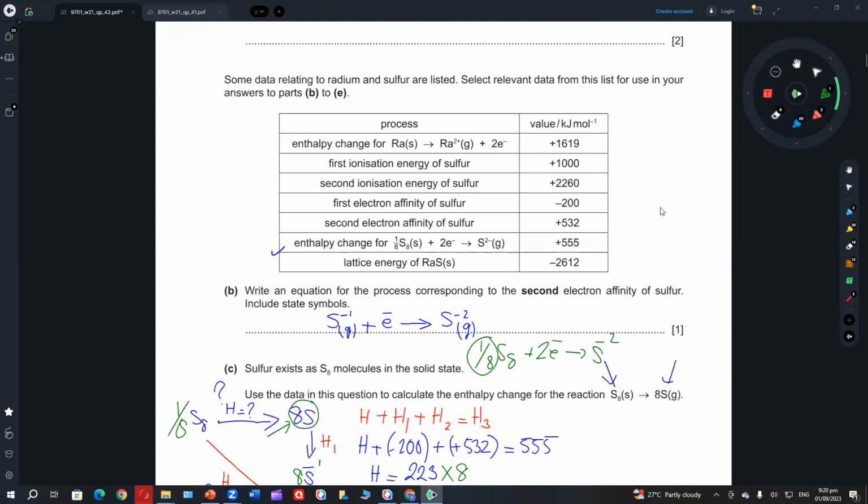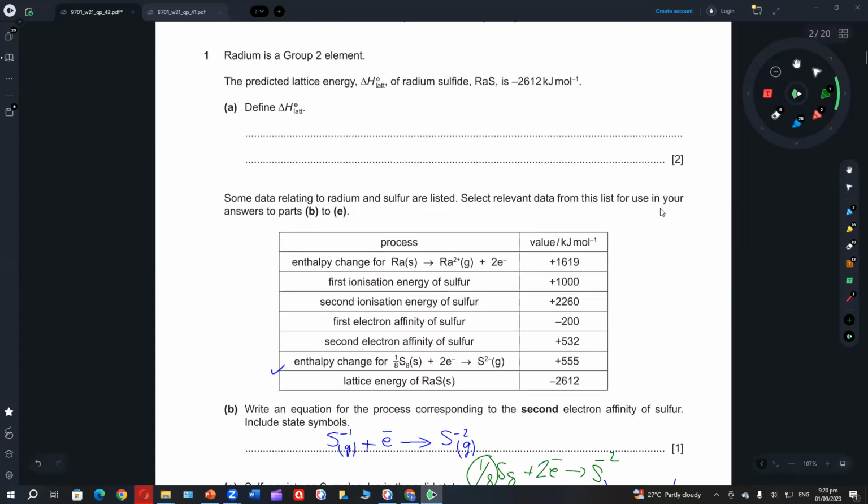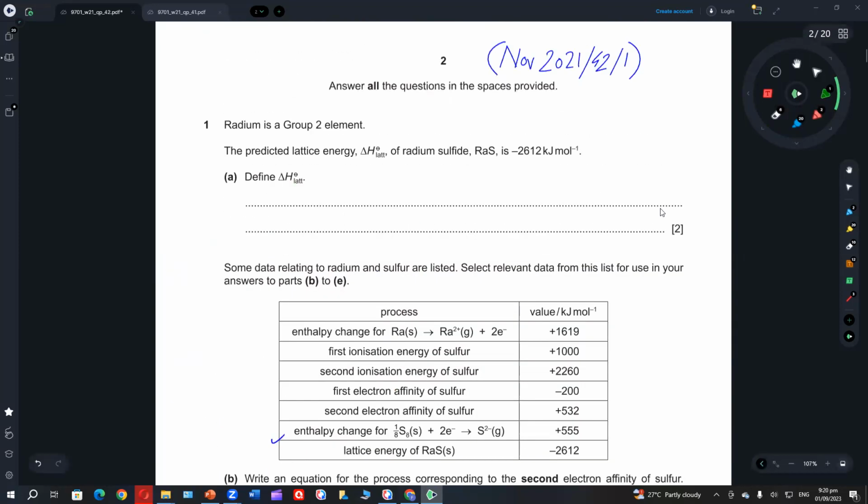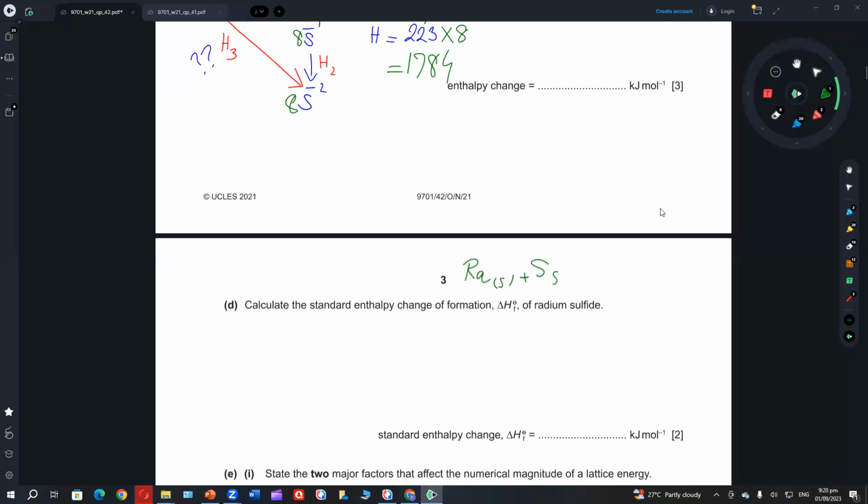Radium solid plus sulfur solid, it will give RaS, which is also a solid. So I have made the title equation.